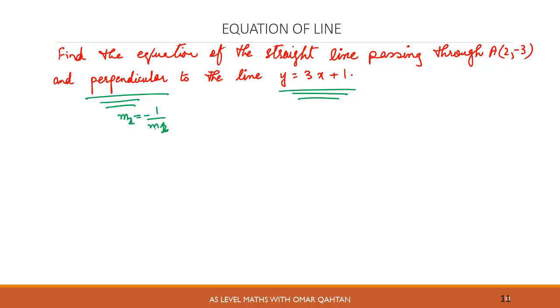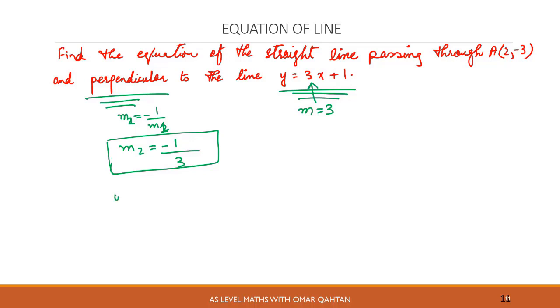So we can use the gradient of this equation for finding the gradient of the other line because they are perpendicular to each other. So we have m equals 3 from here. Now I will put it back into this one so that I could get the gradient for the perpendicular equation. So minus 1 upon 3. So this is the gradient I got for my next equation.